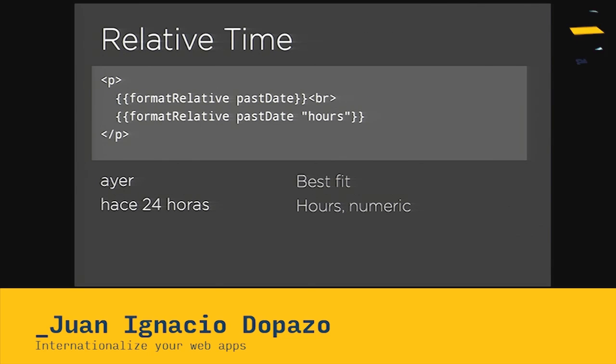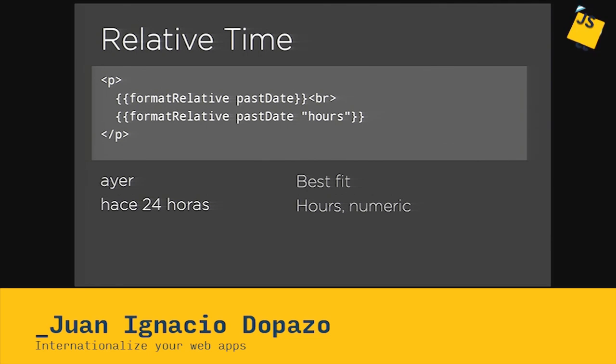And finally, we had this feature request for a long time to work on something called relative time formatting, which is a utility that, given a date in the past, calculates the difference between that date and now, and gives you that difference in a way that's human readable.